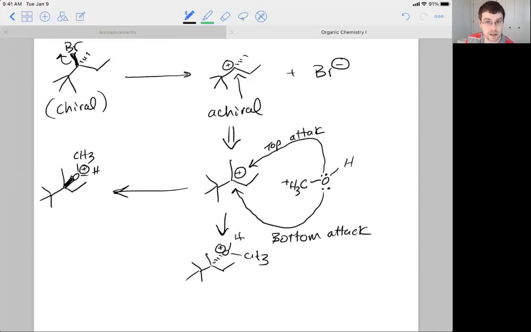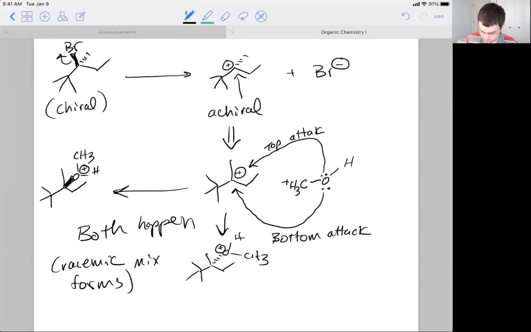We're going to get a 50-50 mixture of both of these. So both happen, and a racemic mixture forms.